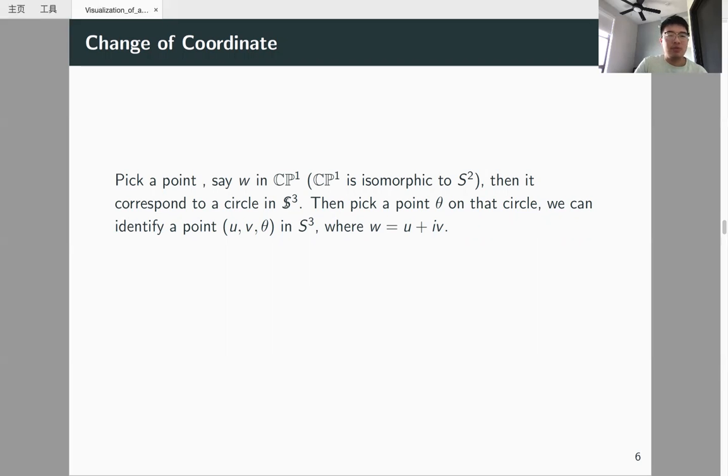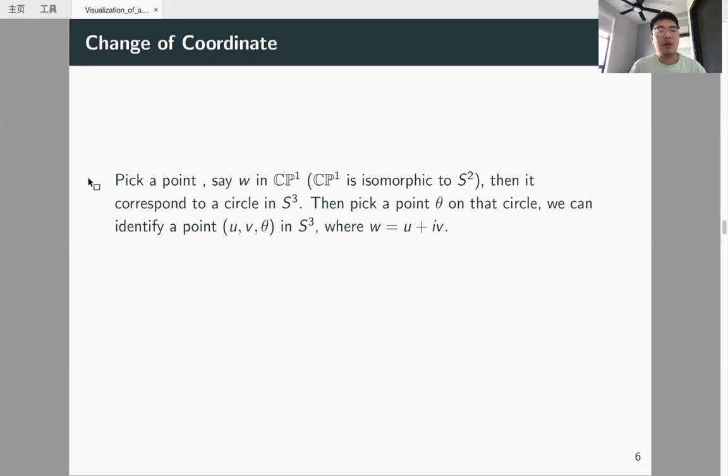Here's what we have. Pick a point, say w, in CP1. CP1 is isomorphic to S2, so they are almost the same. CP1 is almost like a sphere. Then it corresponds to a circle in S3 under the Hopf map, as I said before. So then we can pick a point theta on that circle.